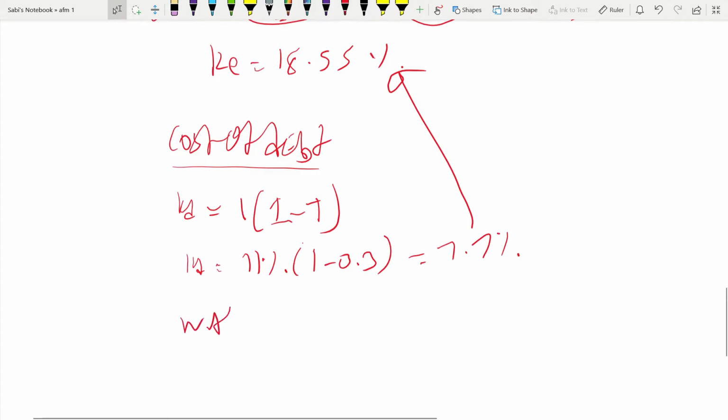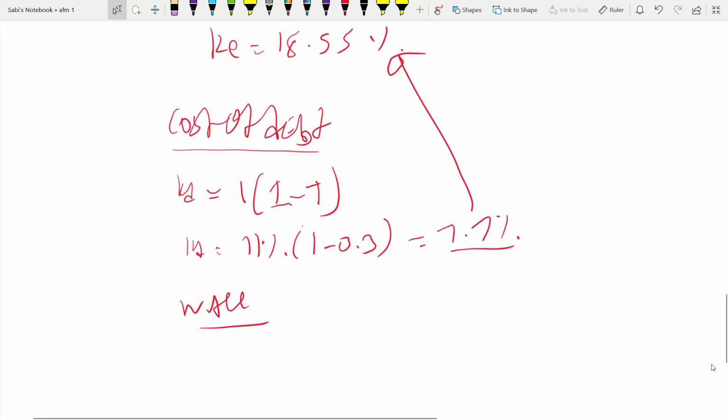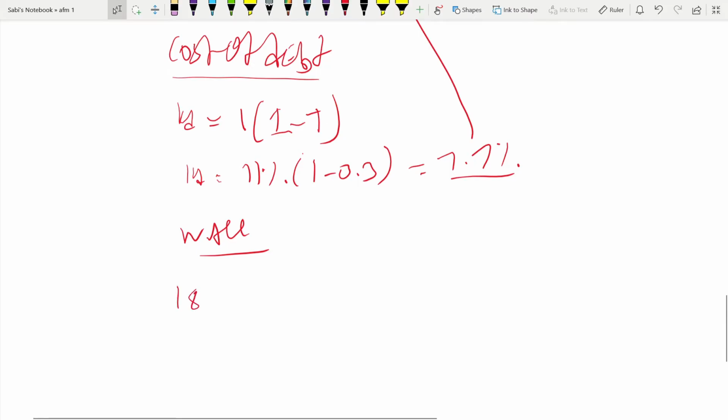Now calculate the WACC. You know cost of equity, you know cost of debt. So WACC is, what is cost of equity? 18.55%. Sometimes you can round it up to a whole number also, it's up to you. Into, when you are using the debt equity ratio, which company's ratio are you using? Their company or your company? Once you reach cost of equity, forget about their company.